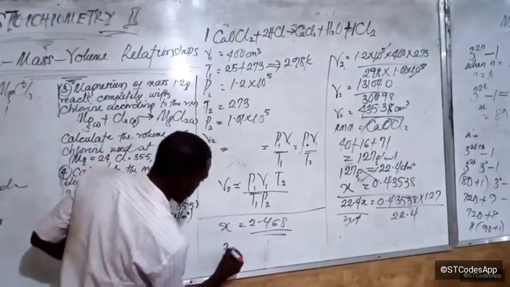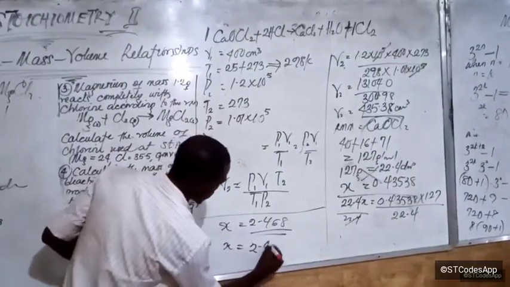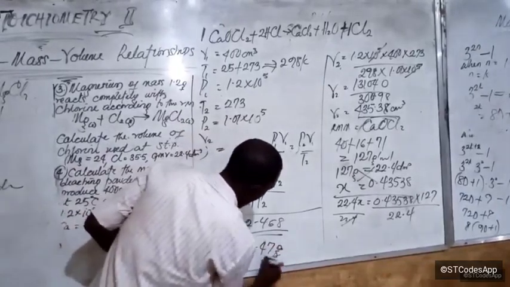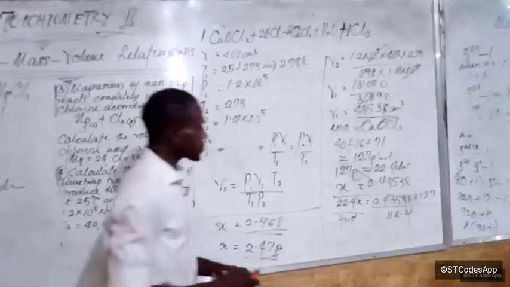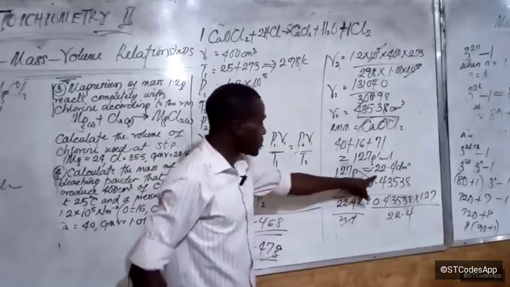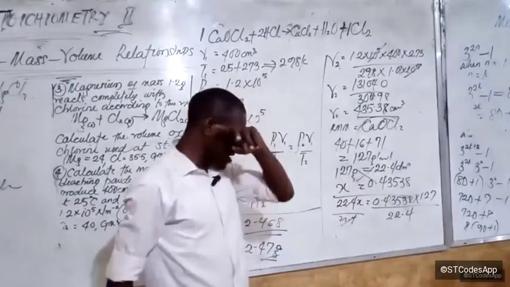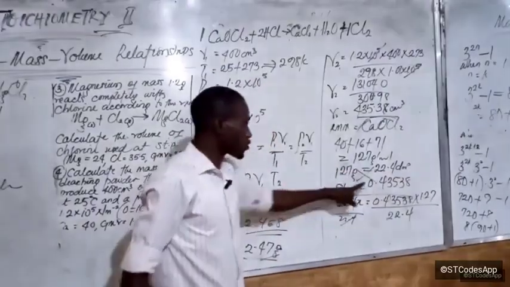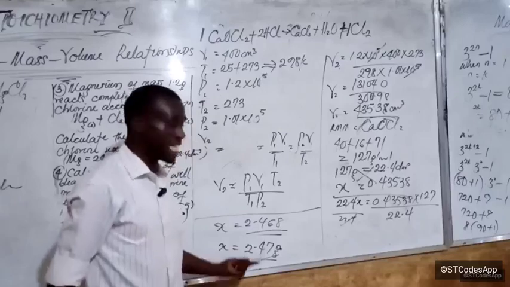So in 3 significant figures, we're going to have 2.47 grams. Is that okay? And this makes sense. Why? Because if 127 grams is reacting to produce 22.4 dm cube, how many grams will produce this less? It's going to be a lesser gram.